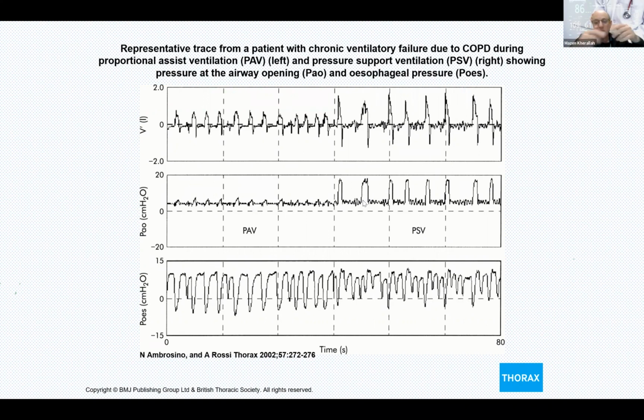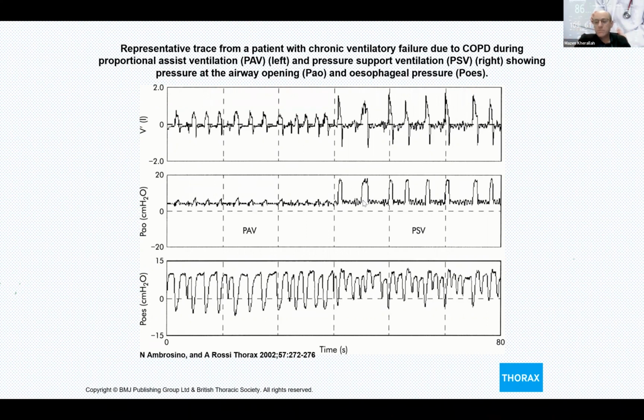So think about it. Now you see the difference. If the patient increases his inspiratory efforts, the pressure support may go down to 0 with volume support. If the patient is able to breathe and deliver that volume for himself, the machine will give him nothing. This is volume support. Now in PPS, who decides about the volume?